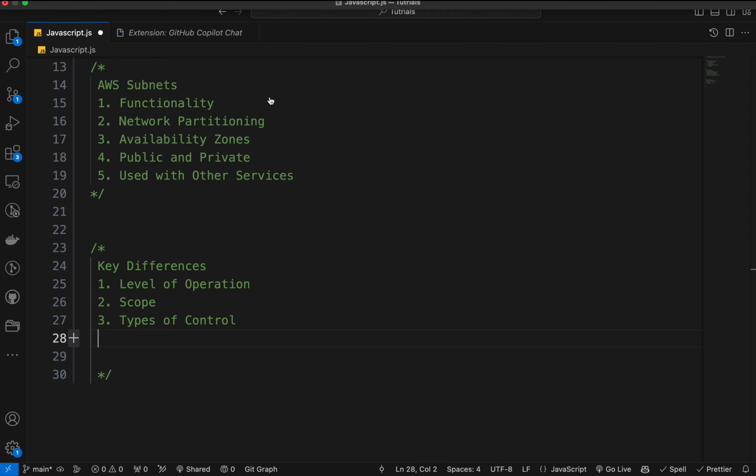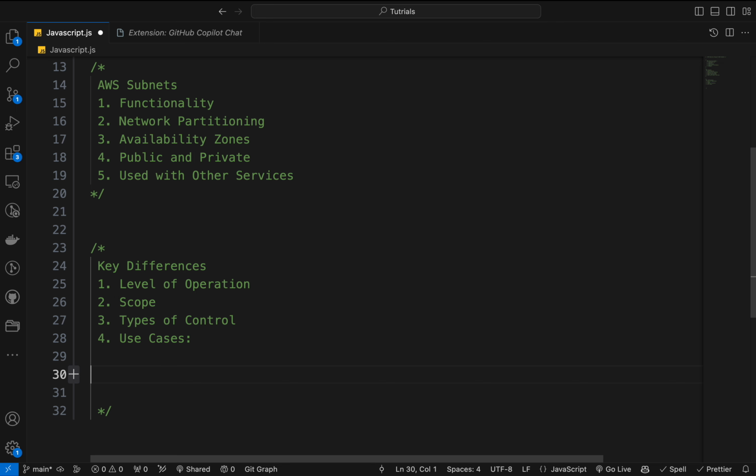Let's talk about the use cases. Use security groups for detailed instance-specific traffic rules, and use subnets for broader network organization, IP addressing, and routing control within your VPC.